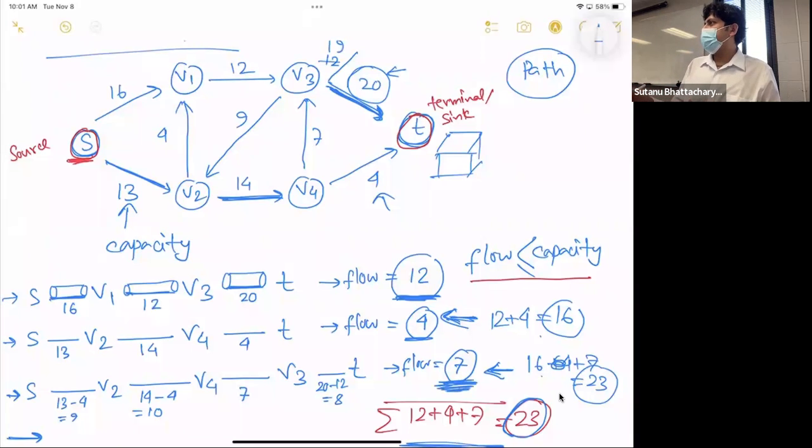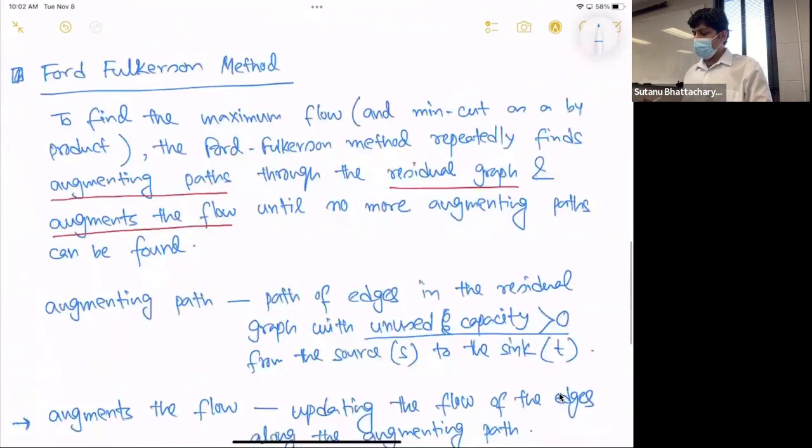So you augment the flow for this edge. Previously it was 12 when you considered only path 1; you consider path 3, and then you update the flow for this particular edge. And it becomes 19. So 19 gallons of water you are sending from V3 to T, while the capacity is 20 gallons. Okay, we'll take an example, it would be clear.